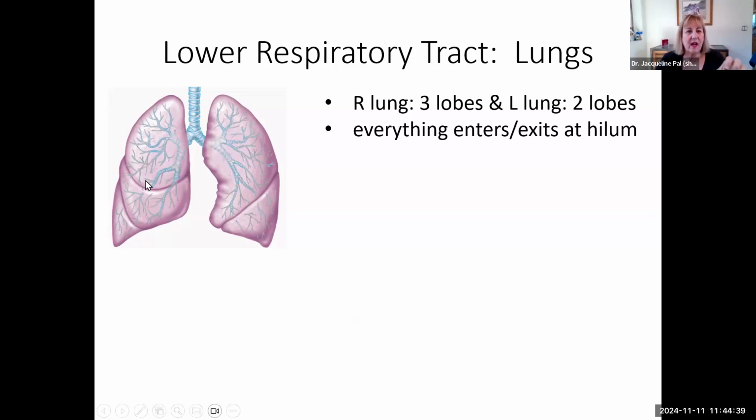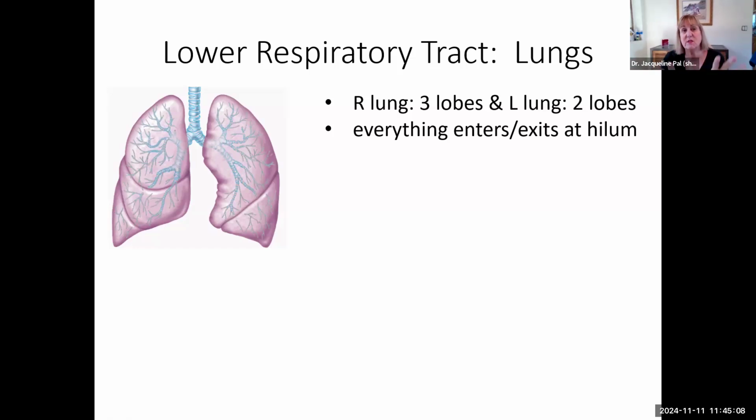In the right lung, we have 3 lobes, which you can see clearly here. But in the left lung, we only have 2, and that's because we have the heart, which takes up a certain amount of space on the left side of the chest. So if you notice, the primary bronchi enter the lungs on the middle aspect, the medial aspect, what's called the hilum of the lungs.